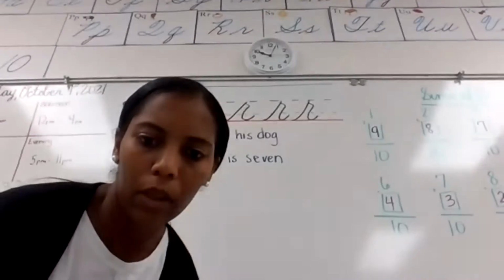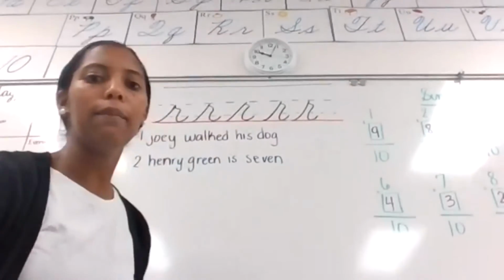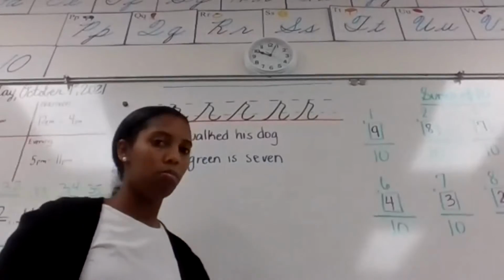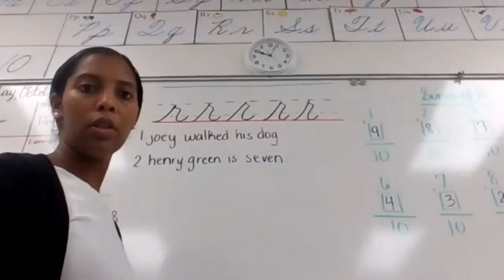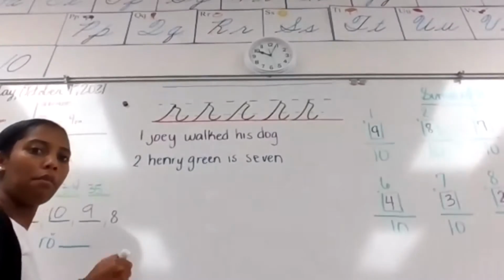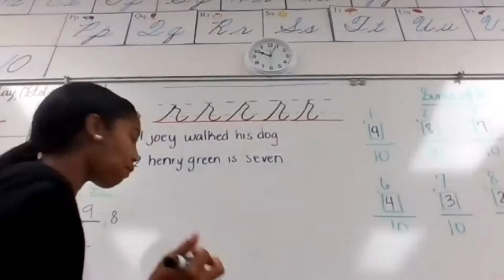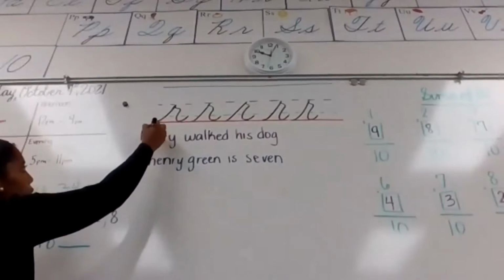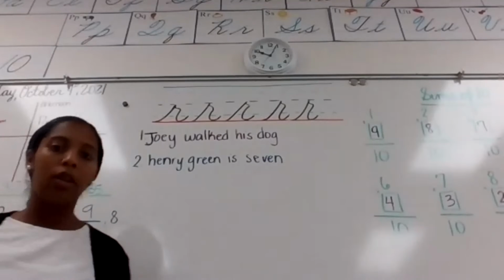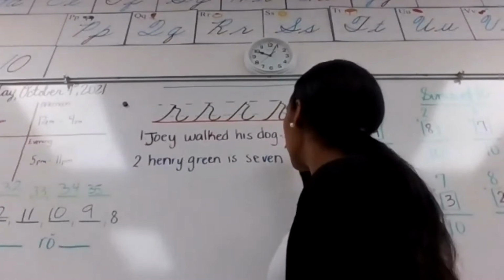Okay. Let's go over them. Anybody would like to do number one? Dennis, you want to do number one? Okay, go ahead. Capitalize my first letter J and put a period. Good. This was an easy sentence.